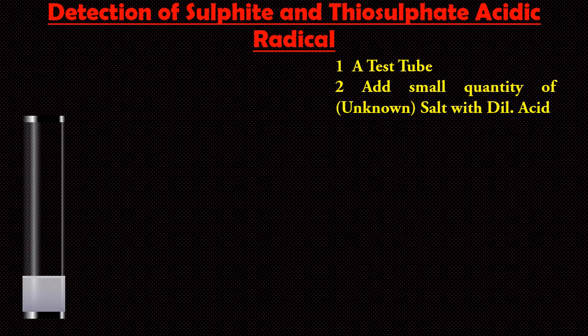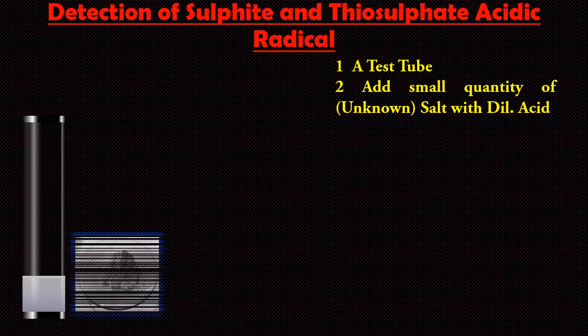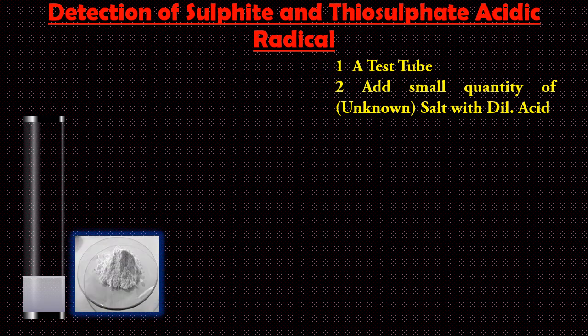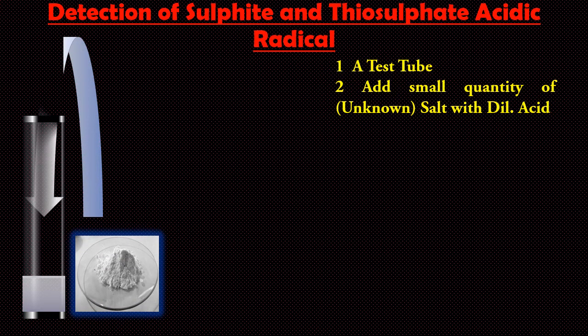Dilute acid may be dilute HCl or dilute H2SO4. So here we are going to add unknown salt with acid into a test tube.